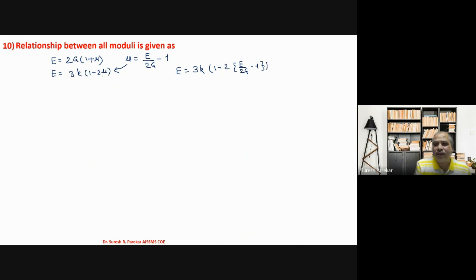If we forget in the examination, we should be in a position to derive it fast. So the 2 gets cancelled.